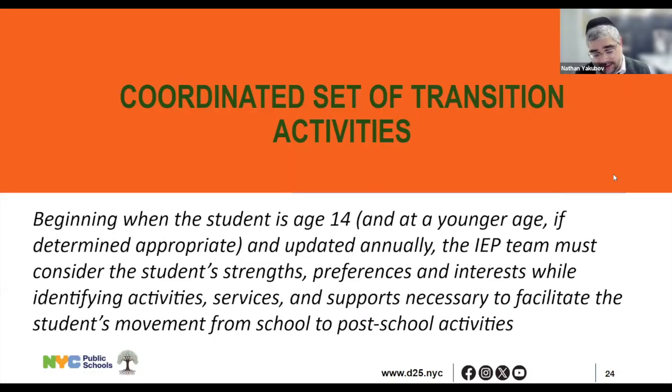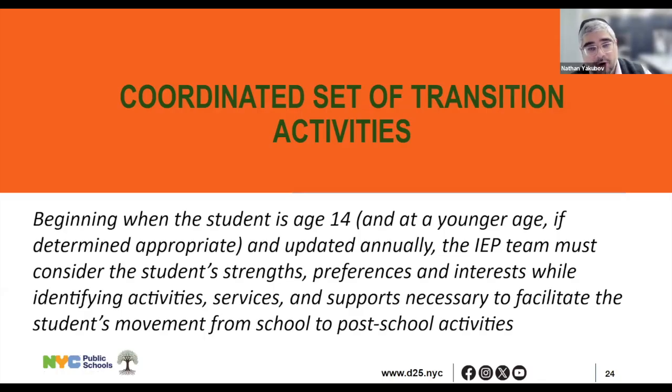Okay, the next section is the coordinated set of transition activities. So we spoke earlier about the goals, the transition goals for those students that are age 14 and older. We had those goals earlier, but now the IEP team must consider the student's strengths, preferences, and interests, and then identify activities, services, and supports that are necessary to facilitate the student's movement from school to post-school activities.